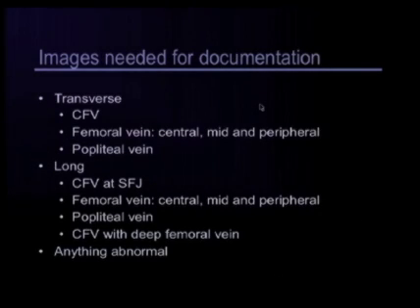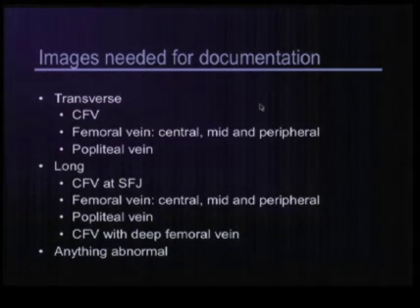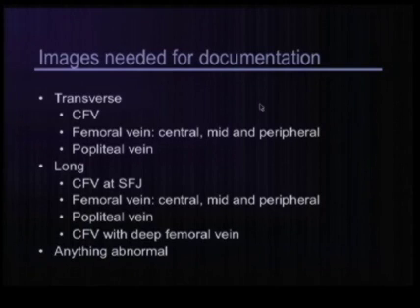Okay, so there's a difference in what is evaluated and what images are obtained. We routinely compress every centimeter down the length of the veins being examined. However, we only take representative pictures for documentation. In the transverse plane, we obtain representative images of the common femoral vein.